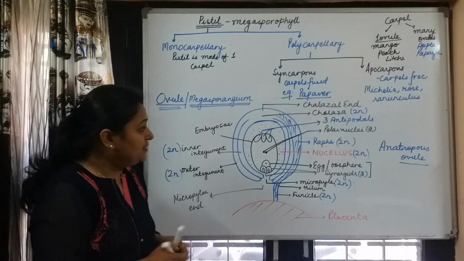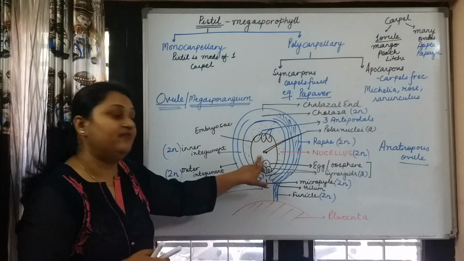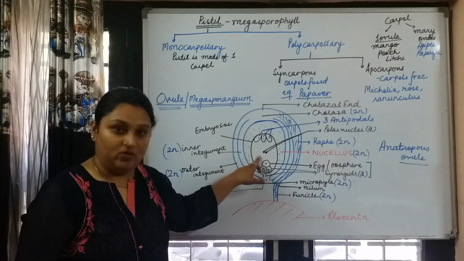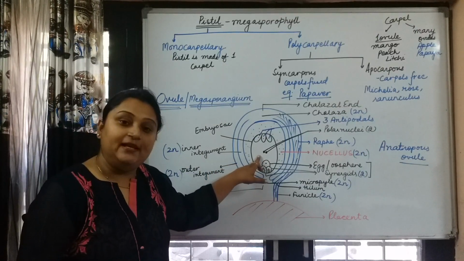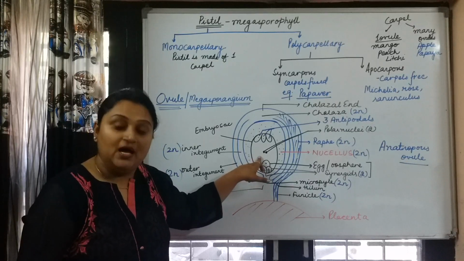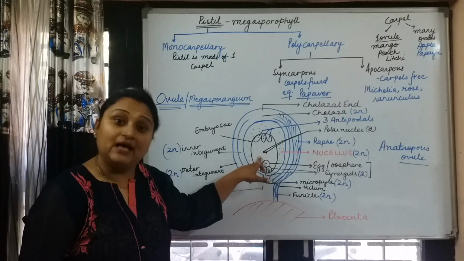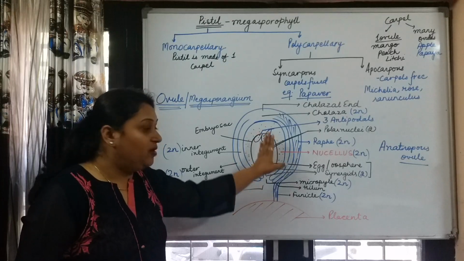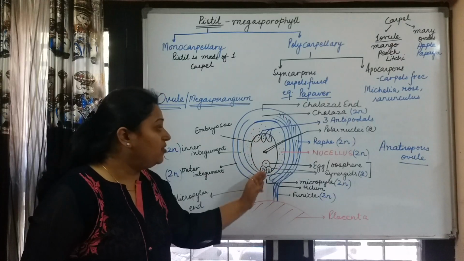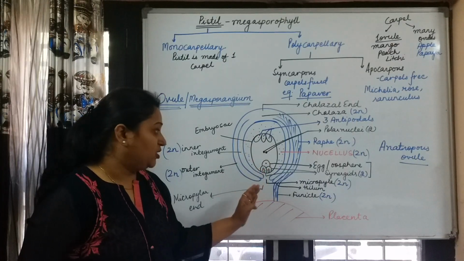But inside the nucellus, we have an embryo sac. The embryo sac is a result of meiosis, which we will discuss later in the next section: how this embryo sac forms, how megasporogenesis occurs. These are always a result of meiosis, therefore they are always haploid structures.